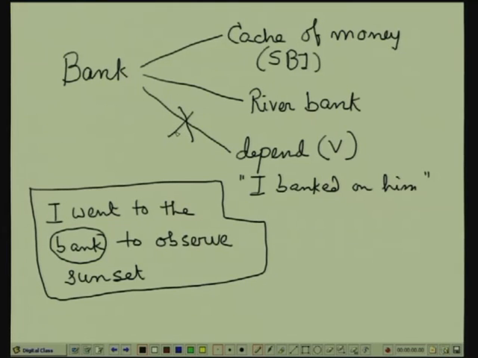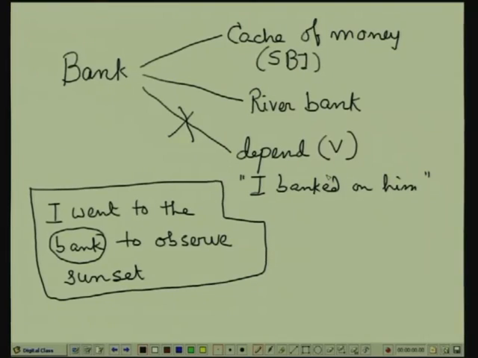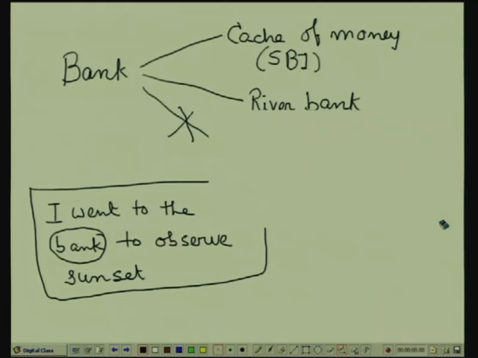So, you see here that by syntactic analysis itself, without going into any semantic analysis, we have been able to eliminate some of the meanings which are not applicable. Okay. So, let me eliminate this.